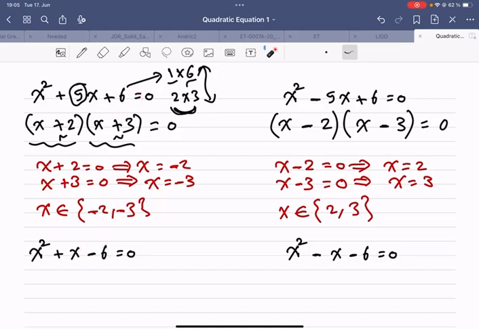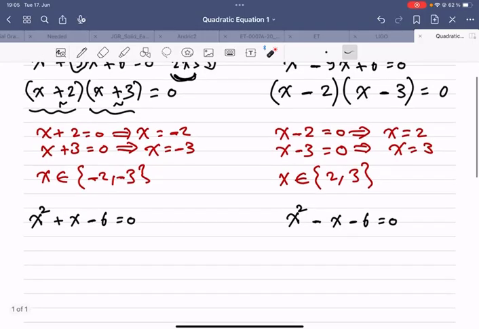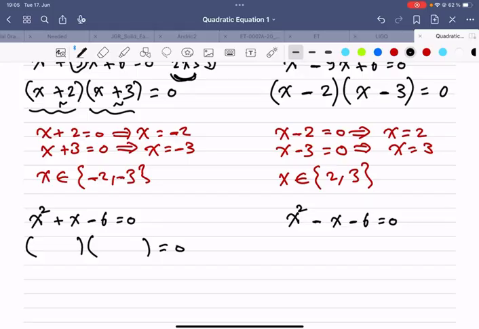So what is the difference? Also, the numbers will be 2 and 3, negative or positive. So we will write something like this: x 2, x 3.